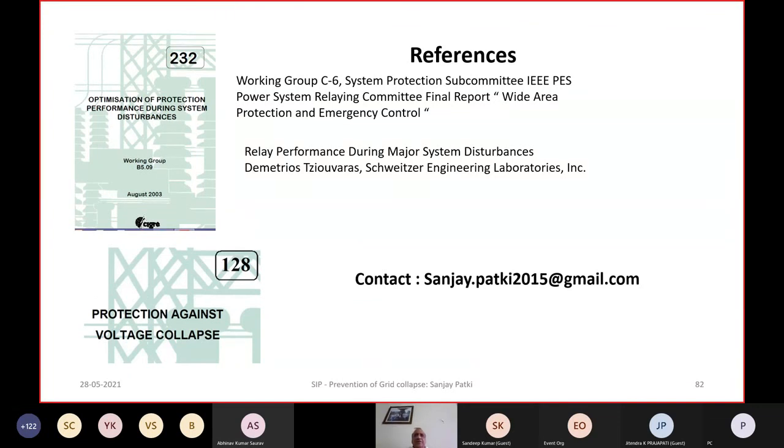So restricted earth fault is still a desirable protection. And in the absence of restricted earth fault, with differential having limitation in terms of sensitivity towards the neutral, you have to then depend on the sensitive ground overcurrent relay protection on the neutral of the transformer. So your backup protection will have to be kept sensitive, but the time delay will be higher.